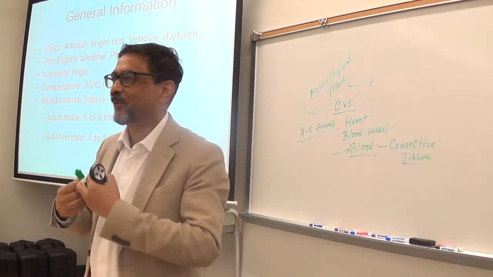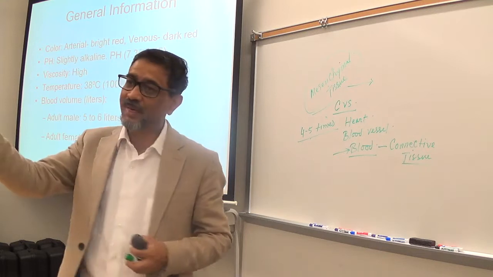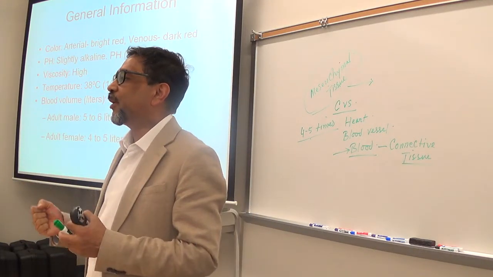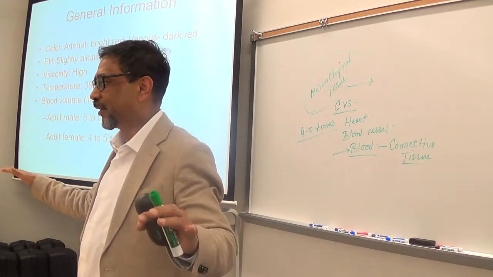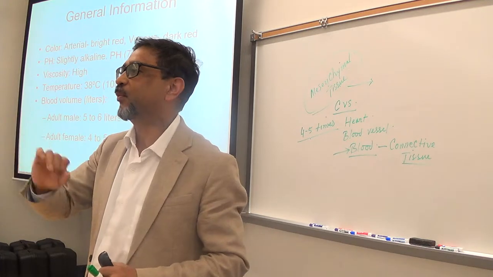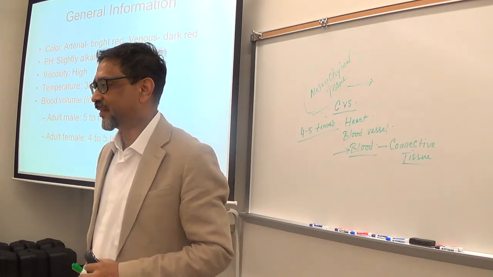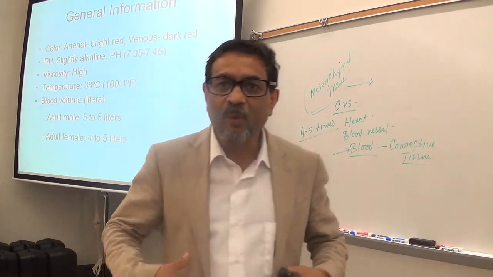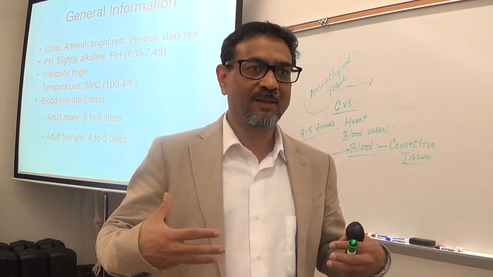So male body has more blood vessels, as well as another thing is important, that in male body you have more muscles in general than female. Female body has more fat, and muscle tissue has more blood vessels than the fat. Make sense? So since male body has more muscles, more blood vessels, more blood, okay, than the female body.